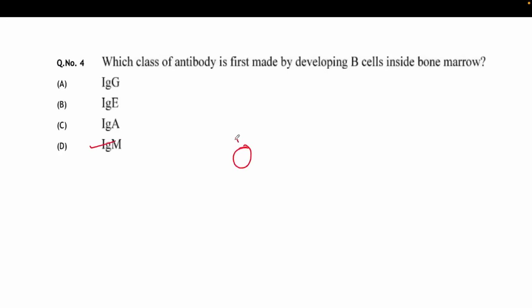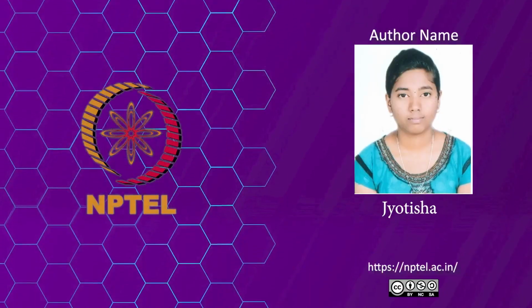One is IgM, and the other one is IgD. The first antibody produced in the immature B cell is IgM, and IgD is not given in the options, so that's why the correct answer of this question will be IgM.